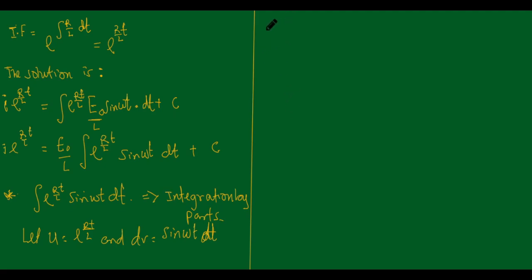We now have that du will be equal to R over L e raised to power Rt over L, and v on integrating both sides will be equal to minus cos omega t divided by omega.